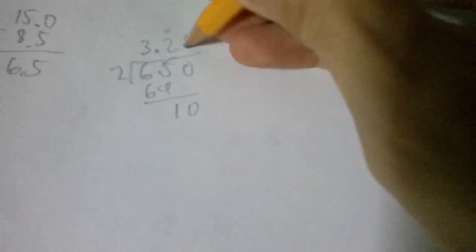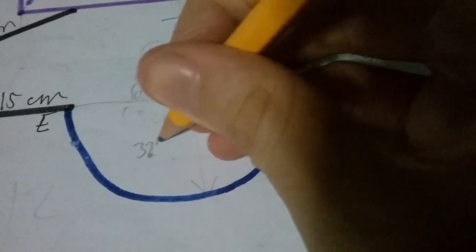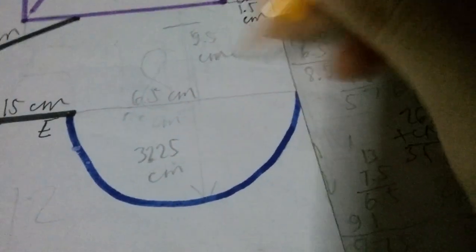Because look at this: you have this 6.5, divide by 2. So therefore, that will be the measure of our radius. The radius is 3.25 cm.